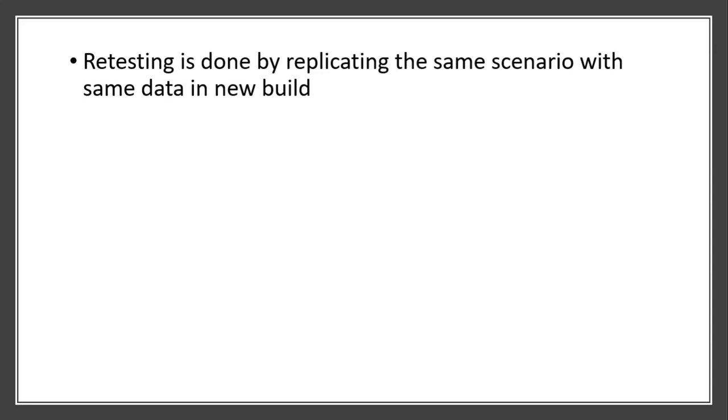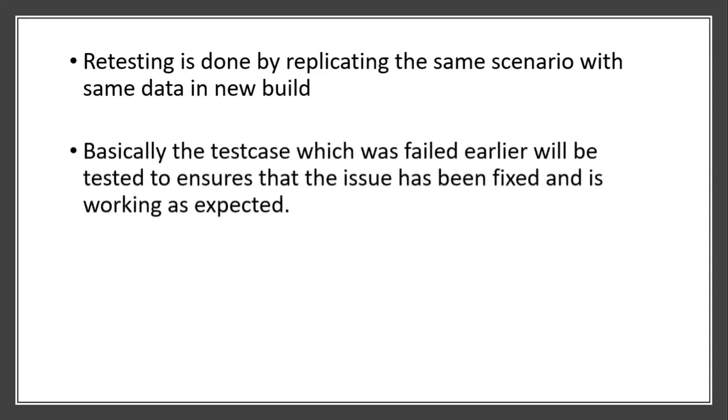The older software version was having a defect, so you raised a bug for it. Once it is given back to you, you will get it in a new build, and that's where you will be testing that. Basically, the test cases which failed earlier will be tested to ensure that the issue has been fixed and is working as expected.